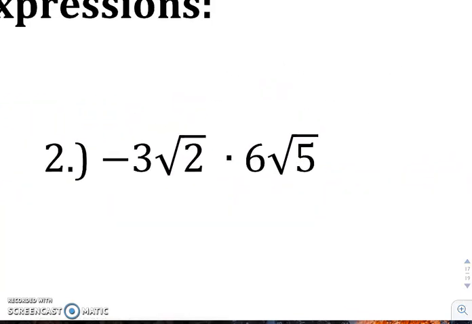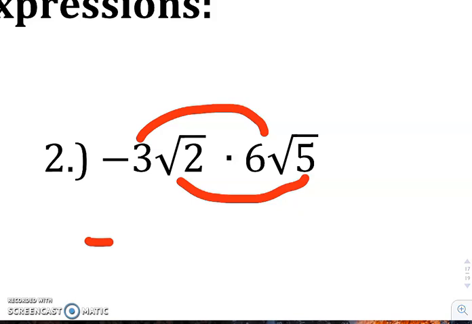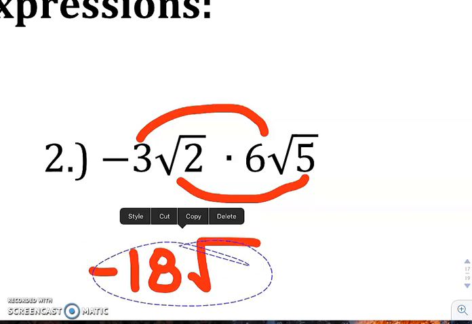So how about 2? Negative 3 root 2 times 6 root 5. Multiply the outside coefficients, multiply the roots together. So negative 3 times 6, negative 18. Root 2 times root 5 is going to give you root 10 underneath there.